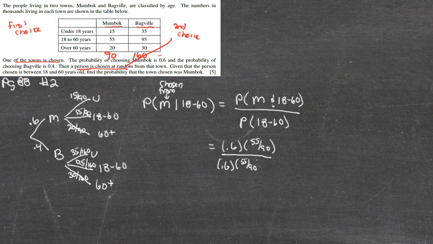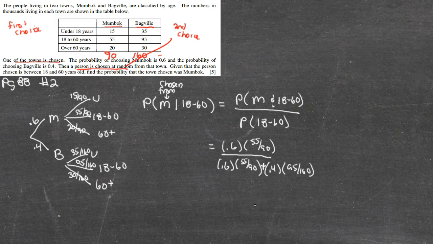But then I also could be from Bagville, that's 0.4 times 95 over 160. And then I just have to make sure that I'm careful to add those two and not multiply them. So make sure I add these.